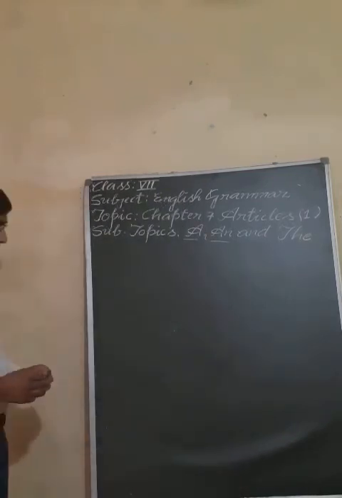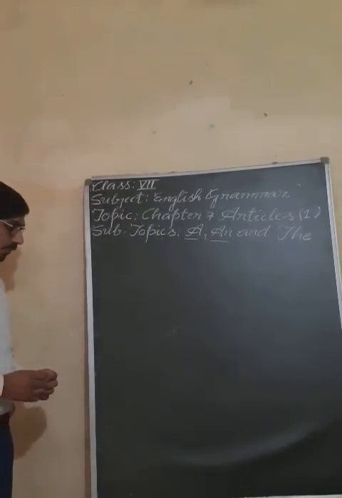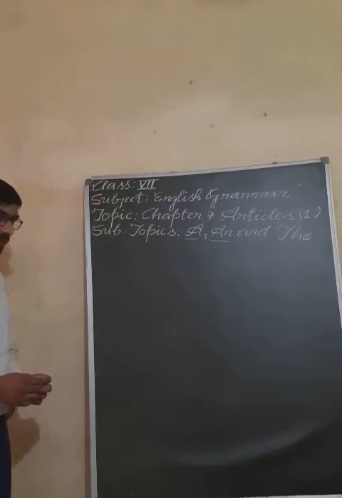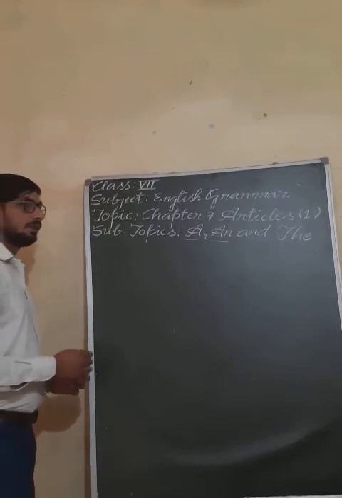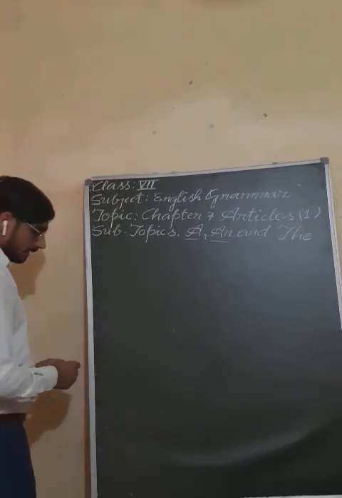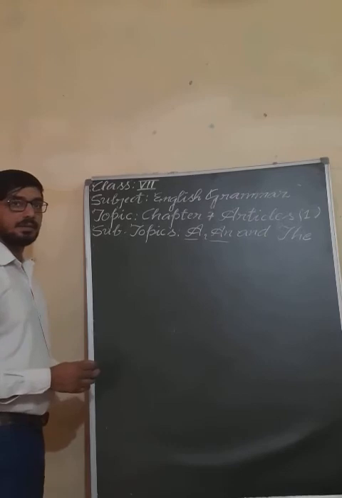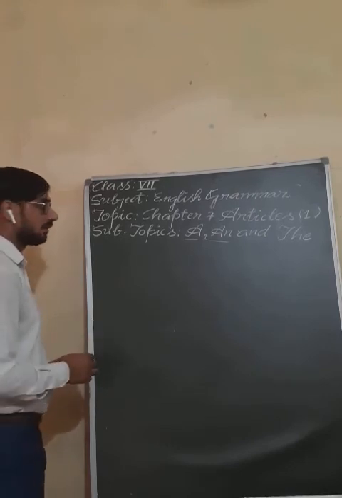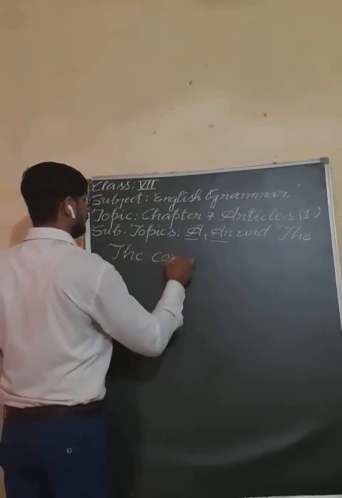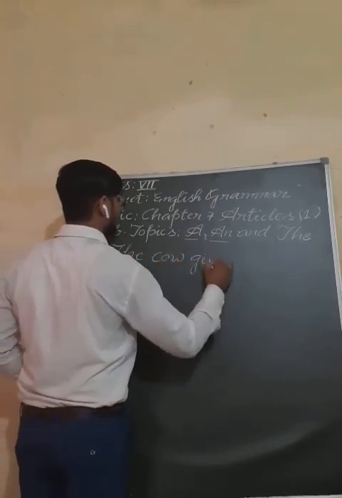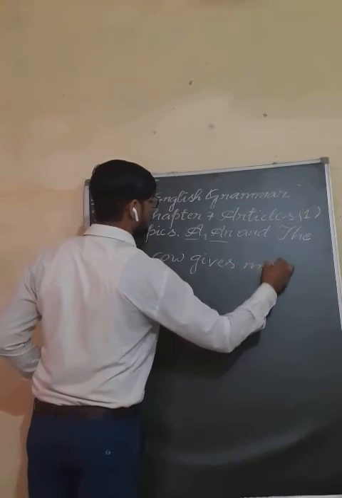We also use the before a singular noun to make general statement about animals or things. We can use the before animals or things which will indicate about the whole race. The cow gives milk.